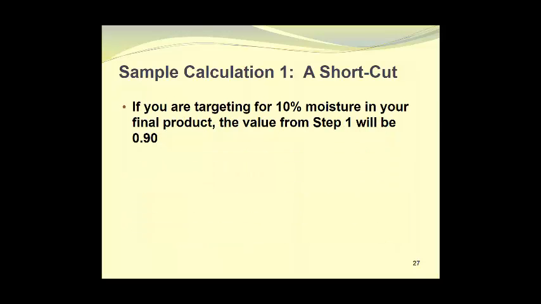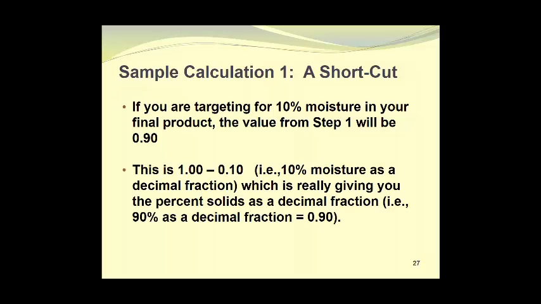If you are targeting for a 10% moisture in your final product, the value from step 1 will be 0.90. This is 1.00 minus 0.10, and 0.10 represents 10% moisture as a decimal fraction. So this is really giving you the percent solids as a decimal fraction.